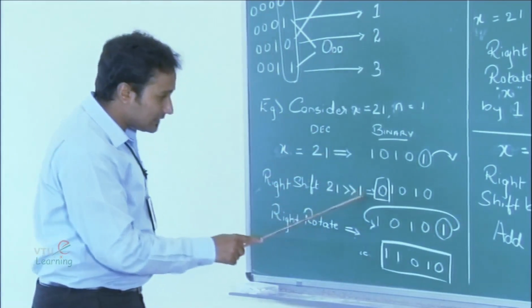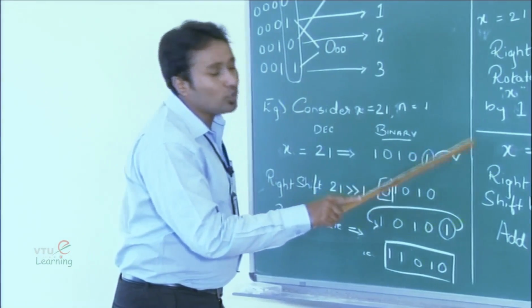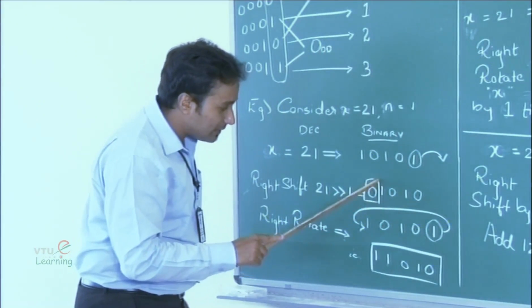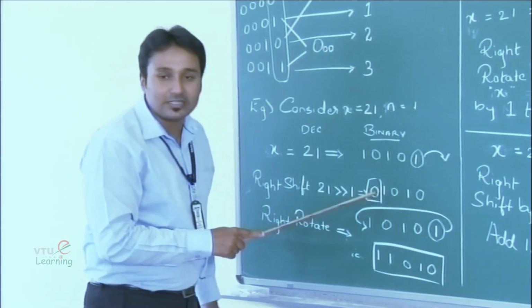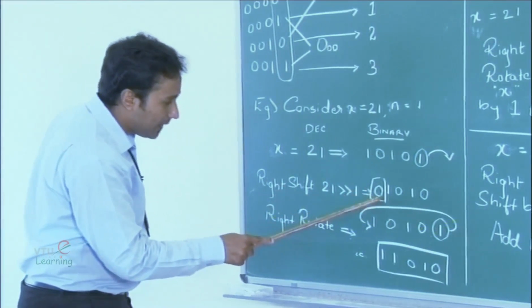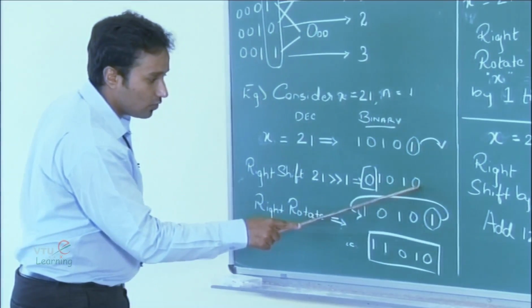What happens when we shift is that the LSB moves out of range, and the new vacant bit is filled by 0. Finally, the shifted result will be 01010.